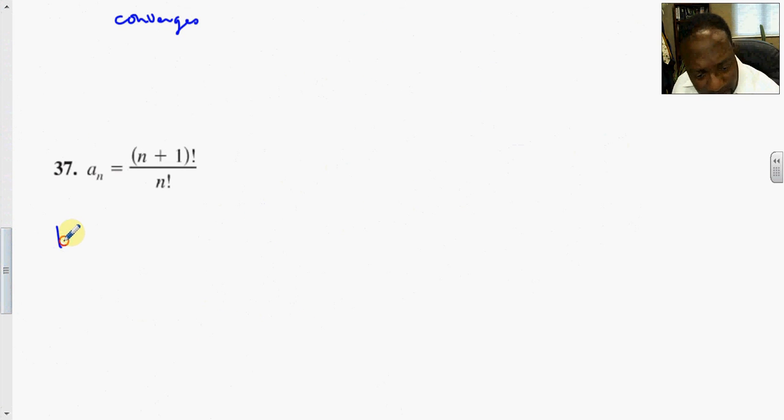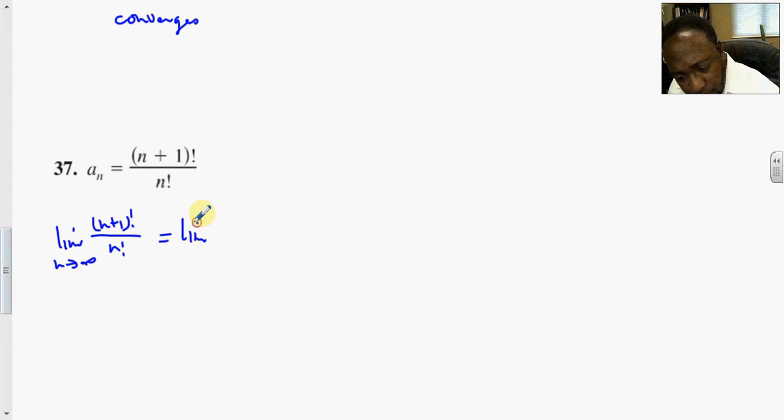What about this limit? So we're going to break the factorial down, the numerator, because it's bigger. So this is n plus 1 times n factorial divided by n factorial.